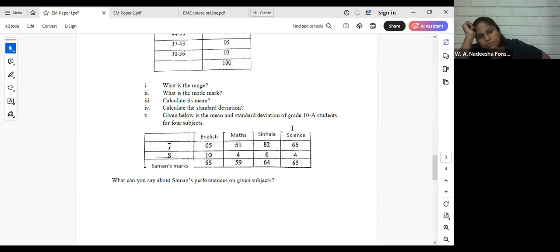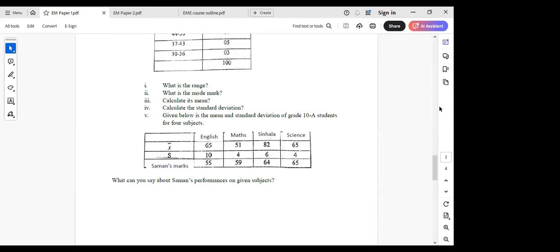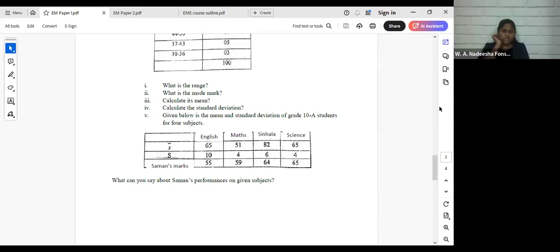What can you say about someone's performance on the given subjects? What to do here? We need to find the Z score, and then elaborate on that.